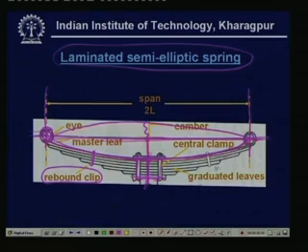So, we know this is the master leaf, the rebound clip, the reason of the rebound clip is to share the loads, then the graduated leaves, and the central clamp and eye. Okay.